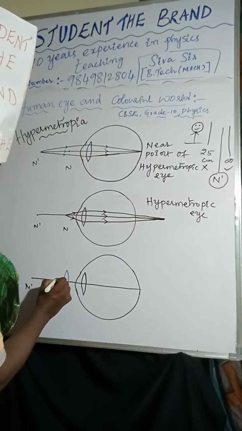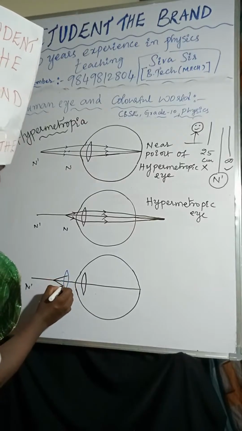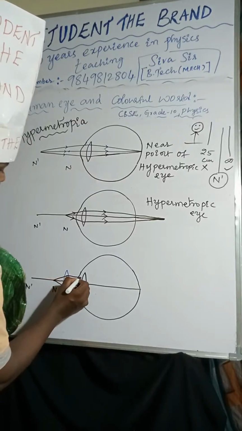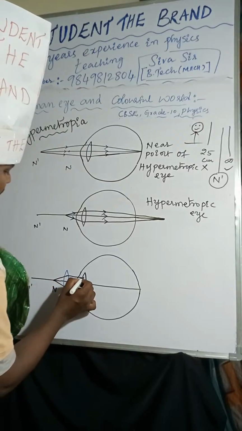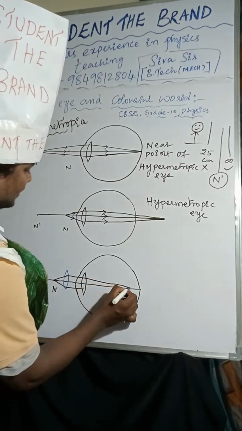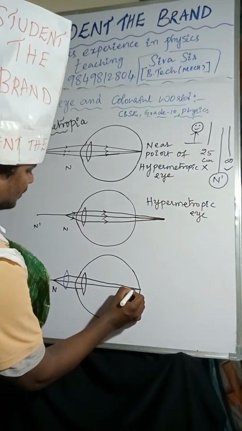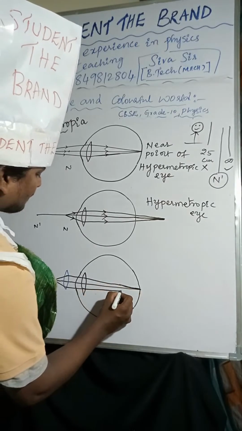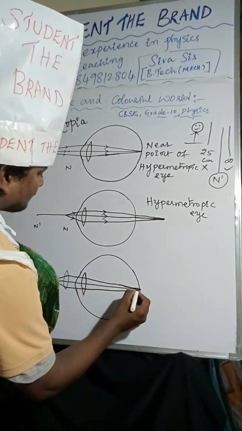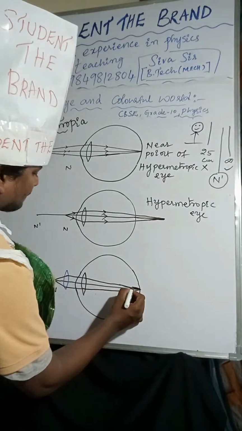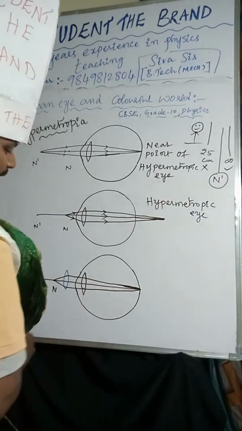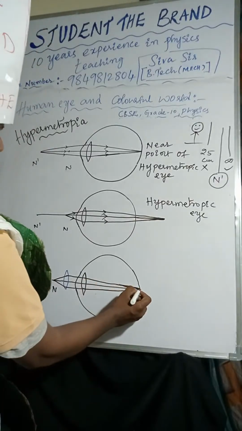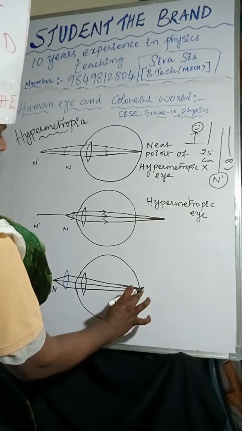One light ray I am taking like this. Another light ray. Again it will converge. The light rays will converge and meet at the retina, here at this point.